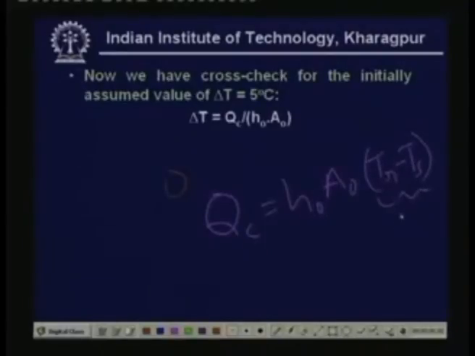This is nothing but delta T, right? So h naught is nothing but condensation heat transfer coefficient, which is known to us. A naught we just computed. If you substitute everything, you can find out the calculated value of delta T. That's what we are doing now.